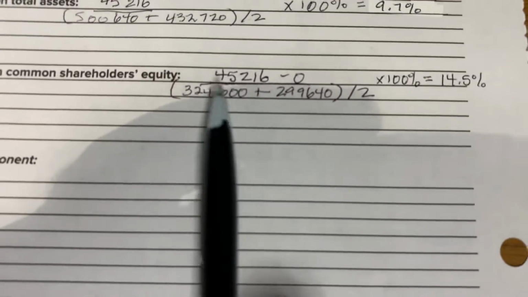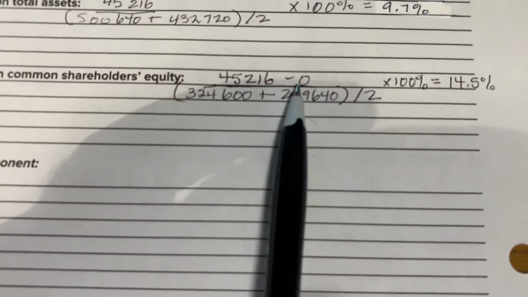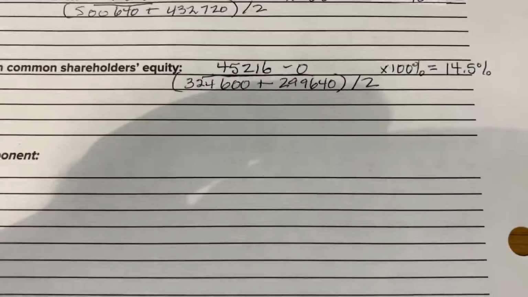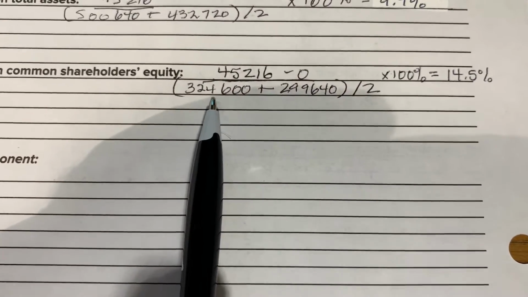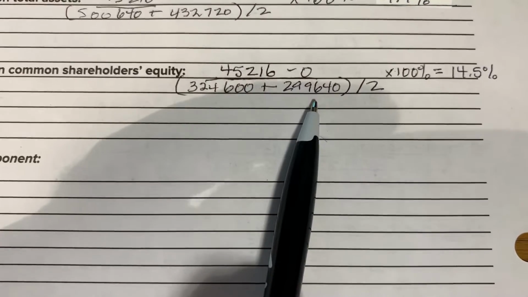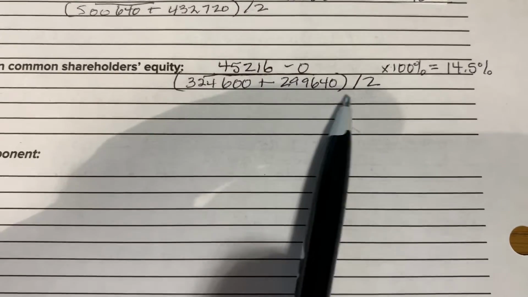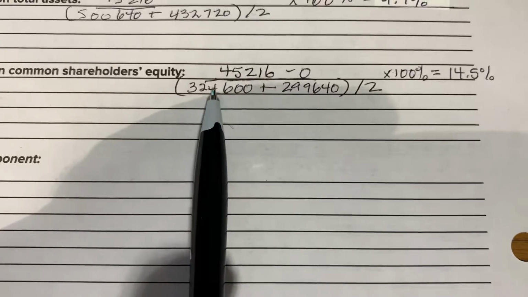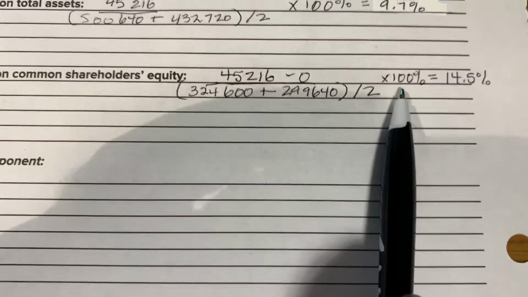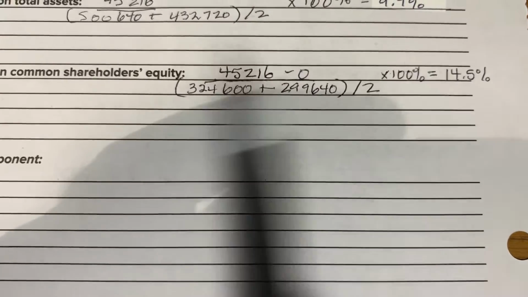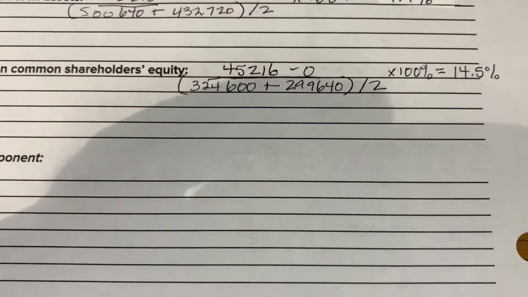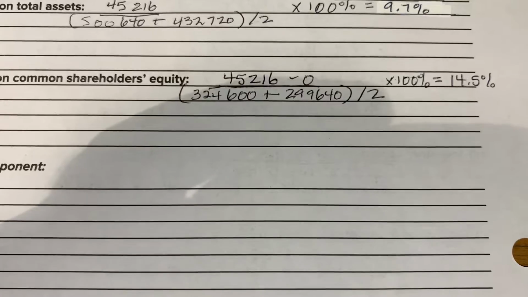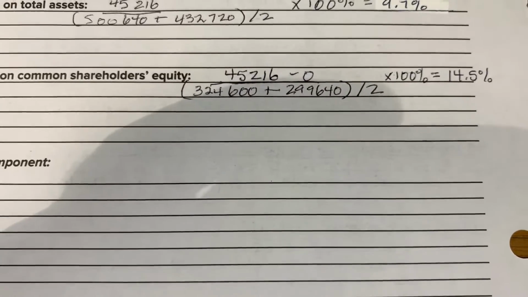So if we look at our formula, we have profit, subtract preferred dividends, over common shareholders equity for 2020 plus common shareholders equity for 2019, divided by 2. Do this calculation, multiply by 100%, and you should get 14.5%. So we would say that our common shareholders have a 14.5% return on their equity.